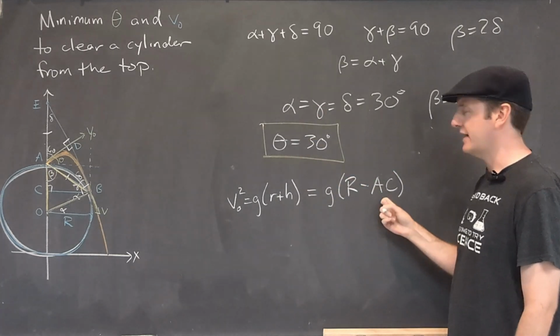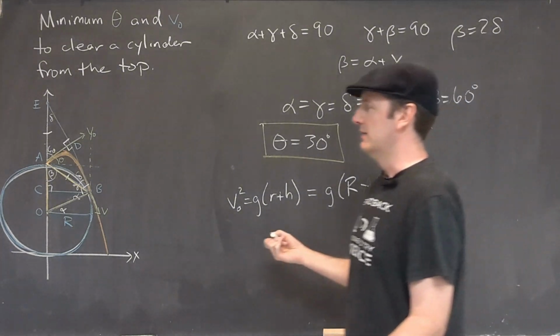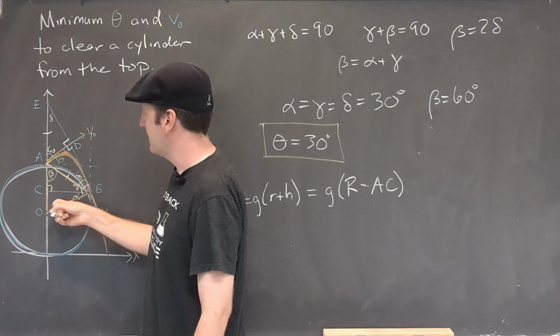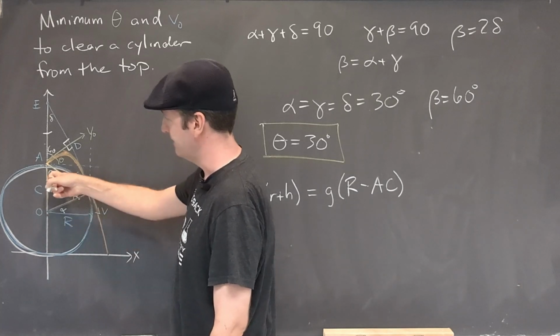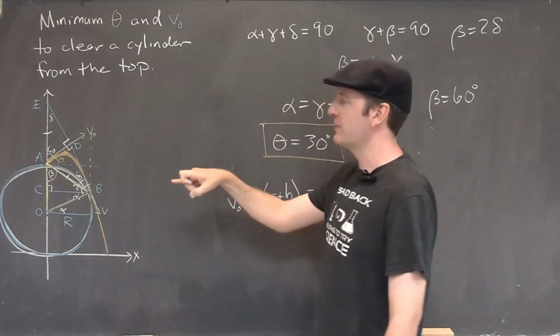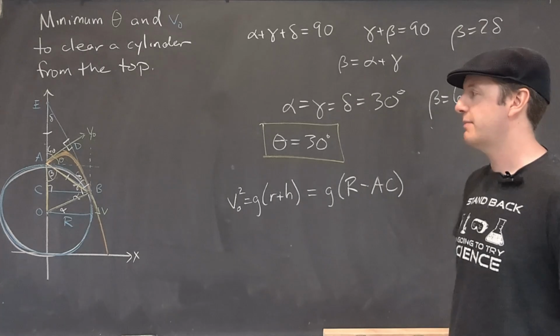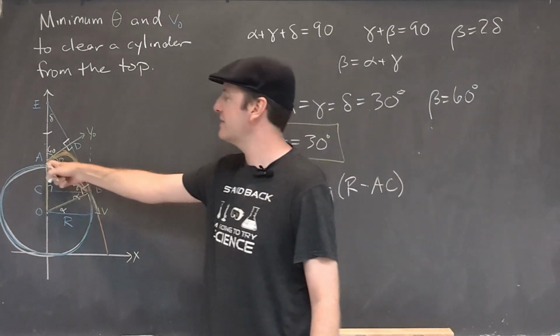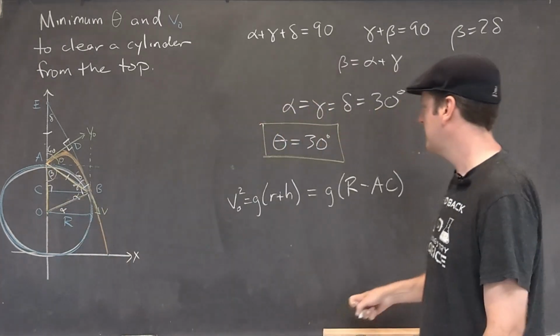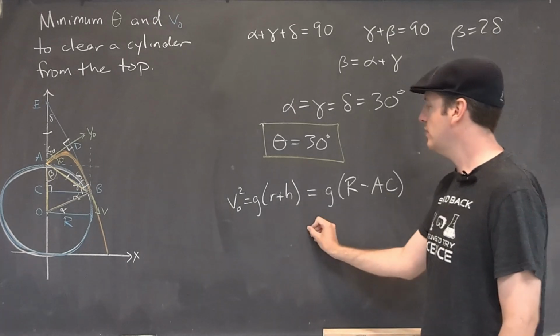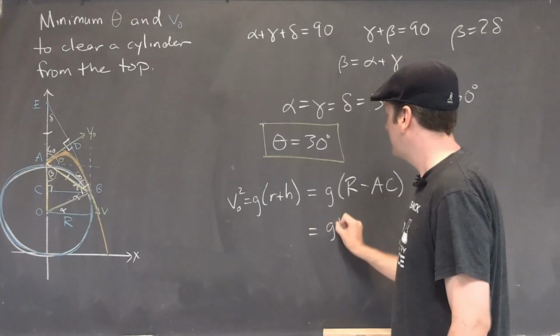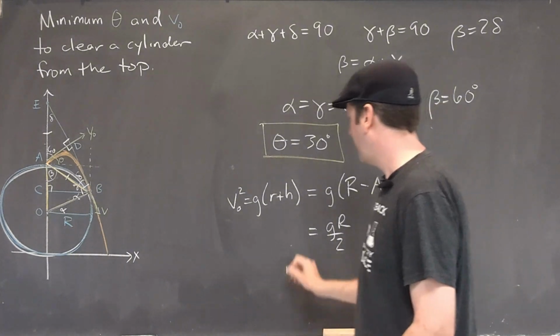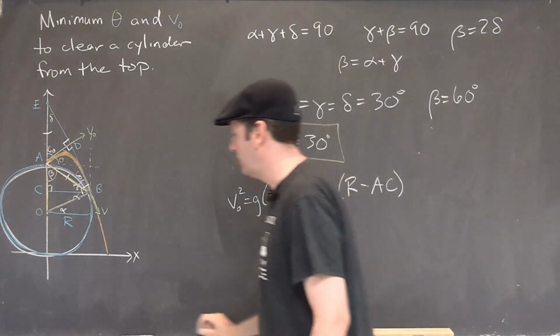So all I have to do is find out what that AC is. Well, that's not too hard, since this triangle is equilateral, and we know that a perpendicular of an equilateral will bisect the opposite side. That must mean that AC is just half of the radius. So if AC is r over 2, and I subtract that, I'm going to get gr over 2 as my minimal launch speed squared.